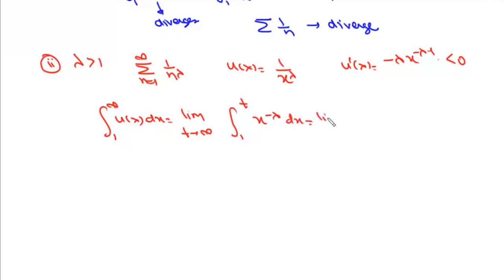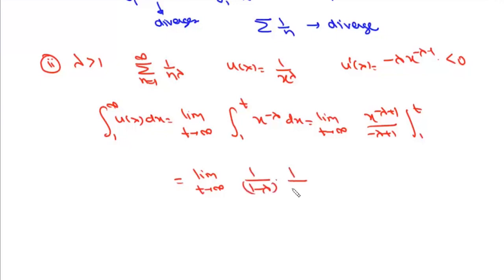Now it will be this limit t tends to infinite. Now this is x to the power minus lambda plus 1 upon minus lambda plus 1 from 1 to t. So it will be this limit t tends to infinite, and here will be 1 upon 1 minus lambda times 1 upon t to the power lambda minus 1, and then minus 1 upon 1 minus lambda.